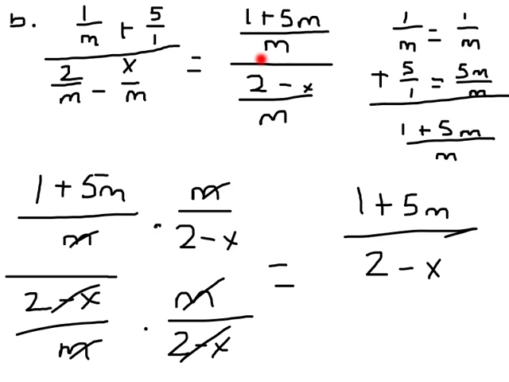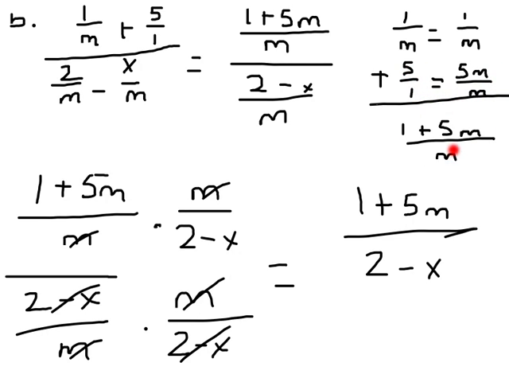This one, however, these two need to get a common denominator. So that is going to be m, and this one is going to change into 1 plus 5m over m, because I have to multiply 5 by m.